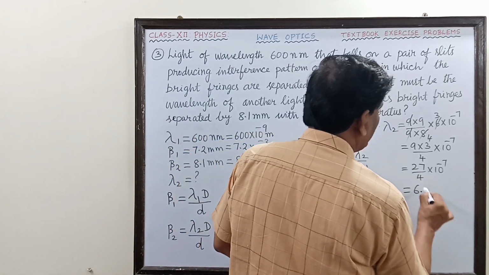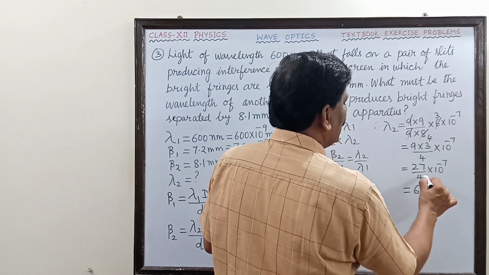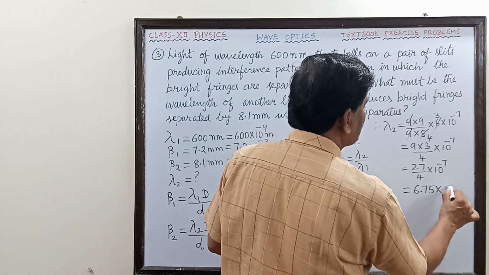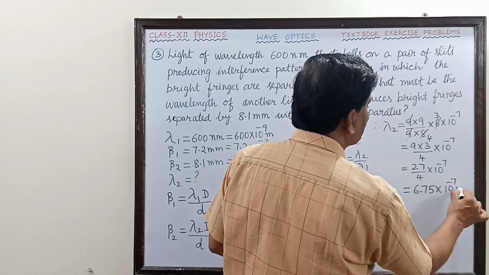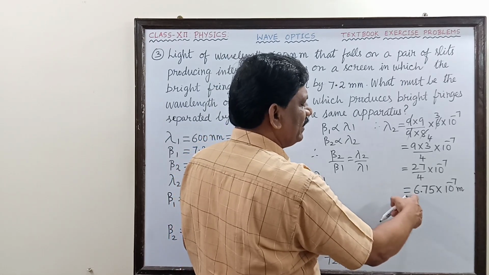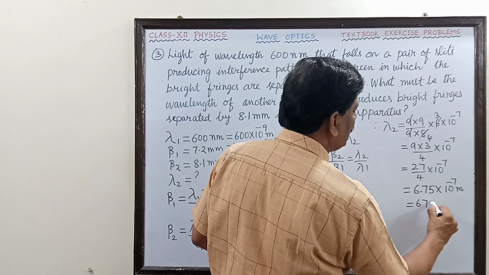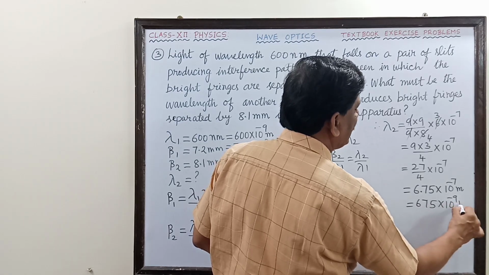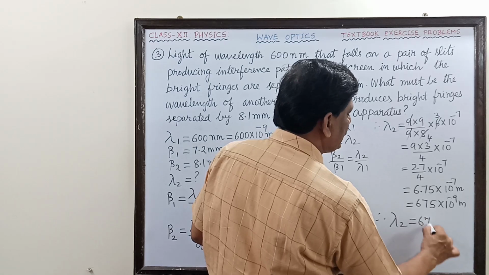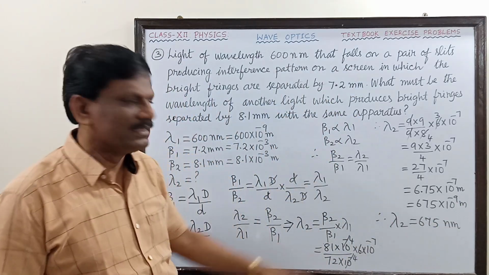So point, make this 30. 30 by 4, 7 4s are 28, remainder 2, 20, so 5 4s are 20. So 6.75 into 10 to the power of minus 7 meter. Or you can write this as 675 into 10 power minus 9 meter. Therefore, lambda 2 must be equal to 675 nanometer. Okay, this is the answer.